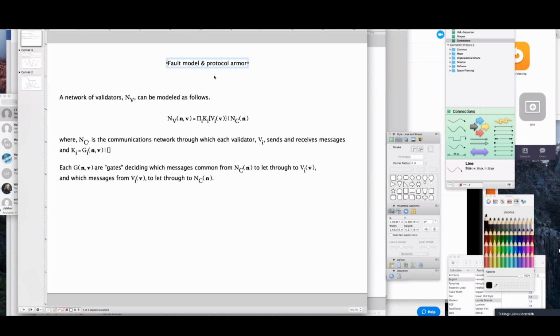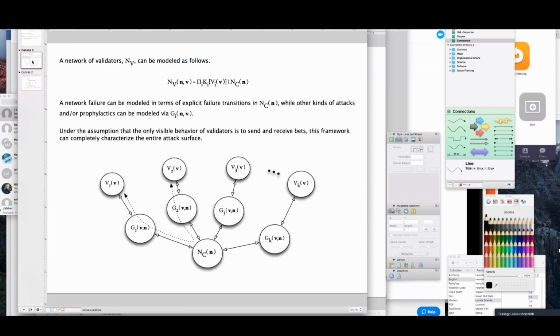And then we note that the N sub V and the N sub C are essentially connected by gates, which are in the context. So the gates are what either allow or prevent messages that are out on the N sub C to reach the V sub i's. So to make this a little bit more graphical, you can depict it like this.